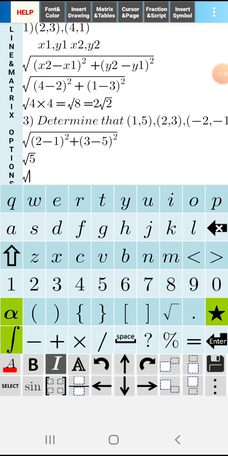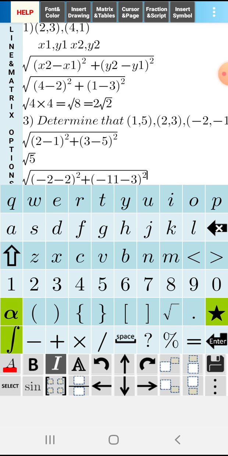So next is root of (minus 2 minus 2) whole square plus (minus 11 minus 3) whole square.